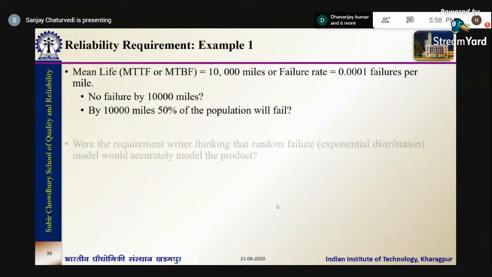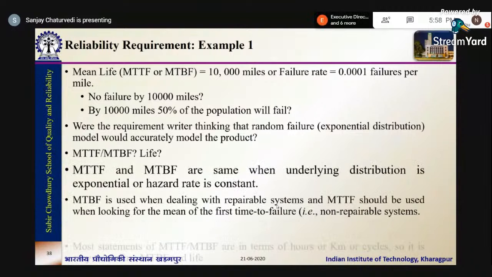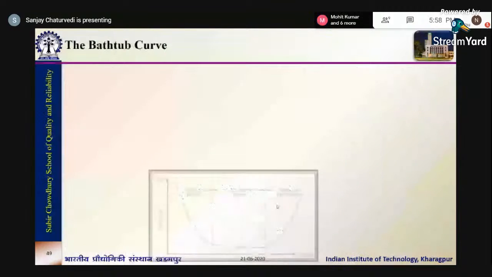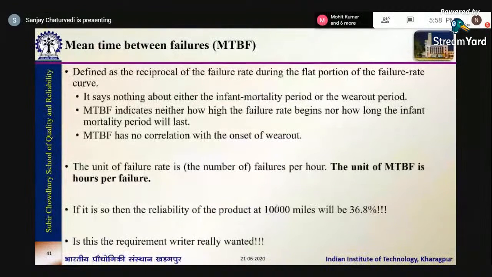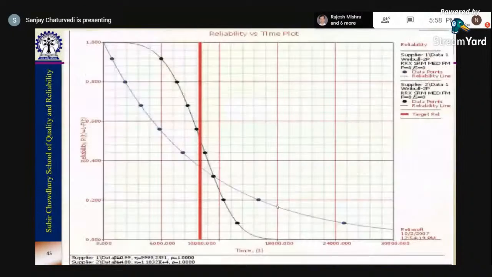So these are some examples. I know there are many slides, and it is more on theoretical aspects, but the applicability is definitely there.